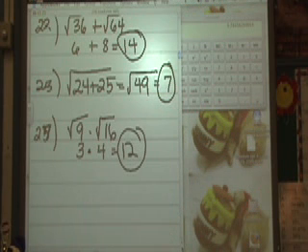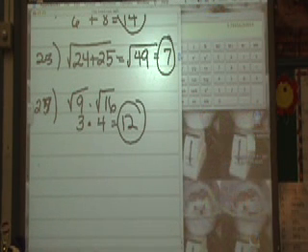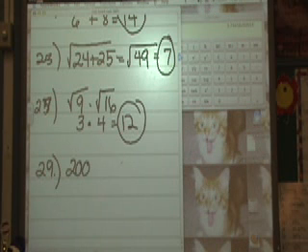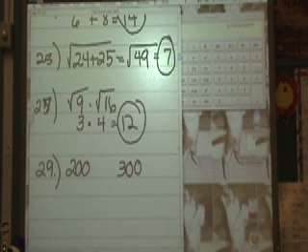29. Find 3 perfect squares that come between 200 and 300. Elizabeth? 200 and 300. Anyone, do you have an idea how we can find those? Well, let's take the square root of 200 and see what we get.